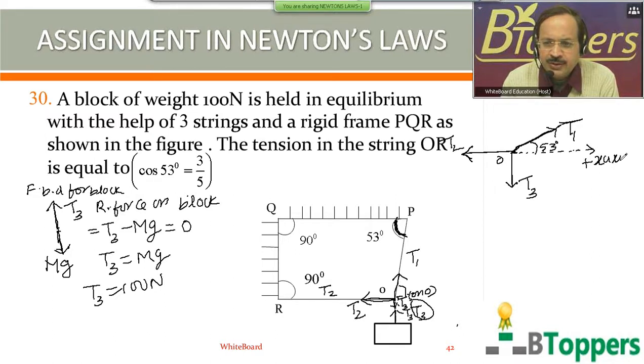I choose the horizontal direction towards right as the positive direction of the x-axis and the vertically upward direction as the positive direction of the y-axis. The tension T1 is inclined to both x and y axes, so resolve it into two rectangular components along the x and y axes.